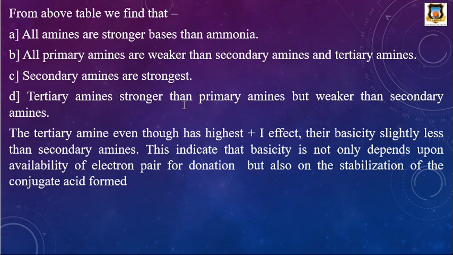The tertiary amines are stronger than primary amines, but they are weaker than secondary amines. The tertiary amines, even though they have the highest plus I effect, because there are three alkyl groups around the nitrogen, their basicity is slightly less than the secondary amine, and this indicates that basicity not only depends on the availability of electron pairs, but also on the stability of the conjugate acid form.